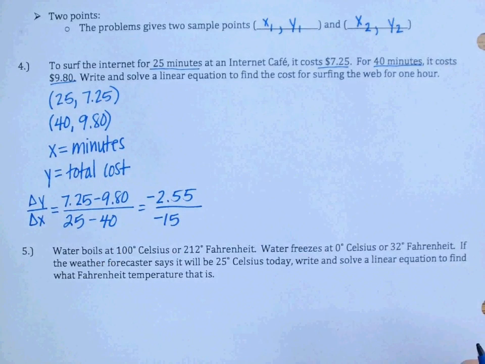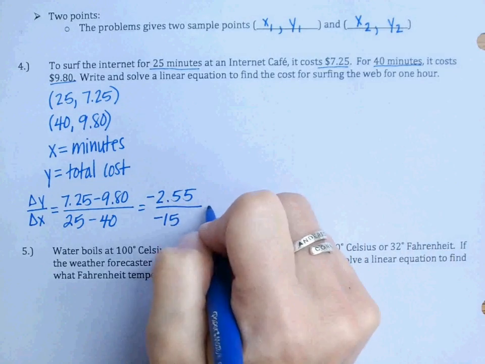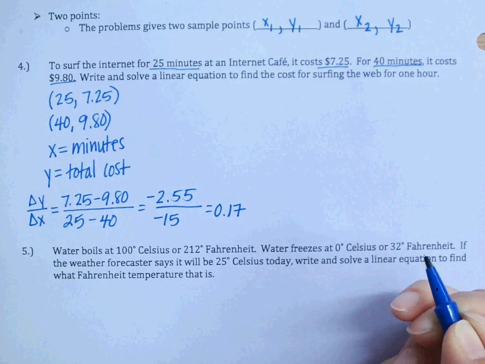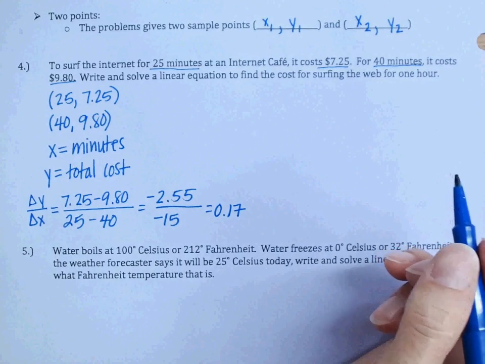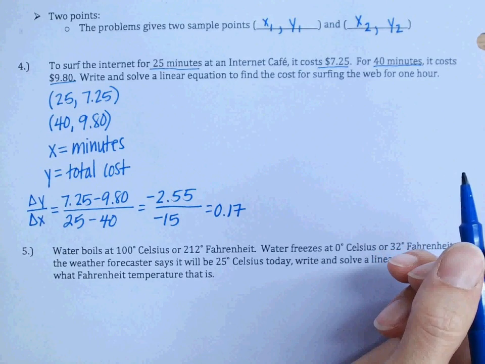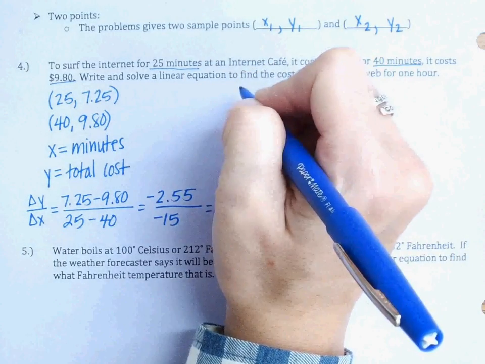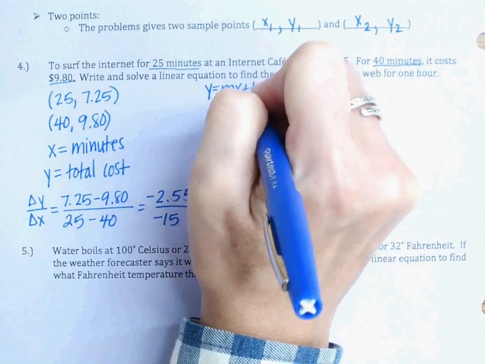We're going to keep simplifying this so we get a nice value to work with, and that is 17/100ths. Okay? So the next thing we're going to do is find our b to put it into y equals mx plus b form.